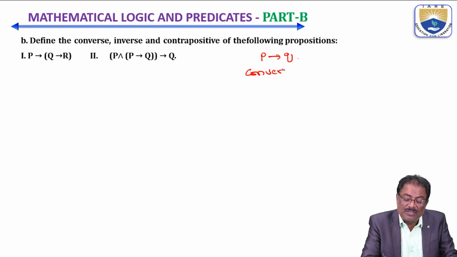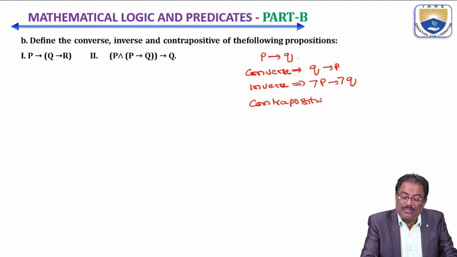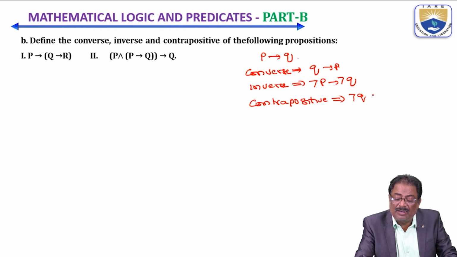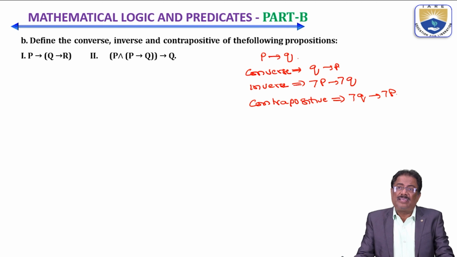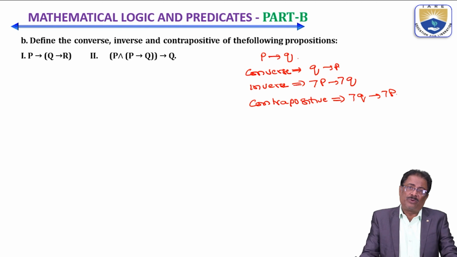The converse of this condition, we write Q to P. So this is the converse. Next, the inverse we are going to consider: negation P, then negation Q. Then if you take the contrapositive, this is negation Q, then negation P. So these are the inverse, converse, and contrapositive, and in this manner we are going to get them.